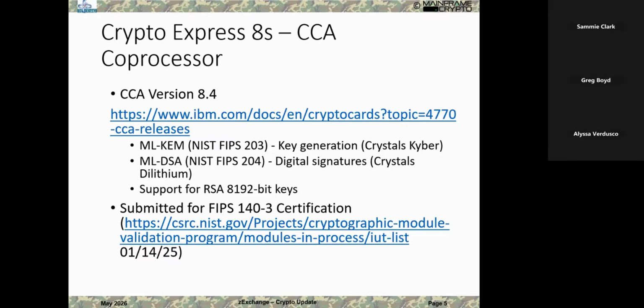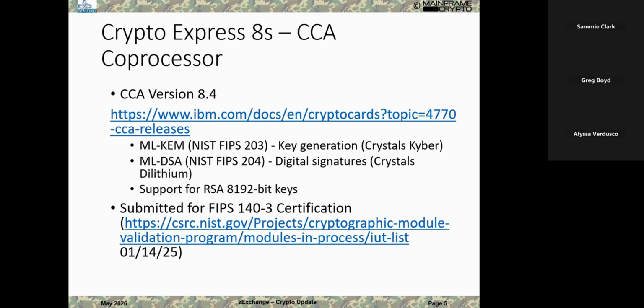Now, the other new capability on the Crypto Express 8 card is support for 8192-bit RSA keys. If you've been following the quantum discussions about cryptography and how things are going to become more vulnerable, longer key lengths are stronger. Way back in the beginning of time, RSA used 512 and 1024-bit keys.